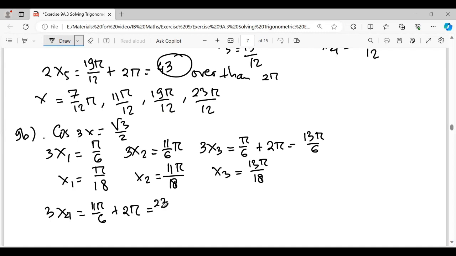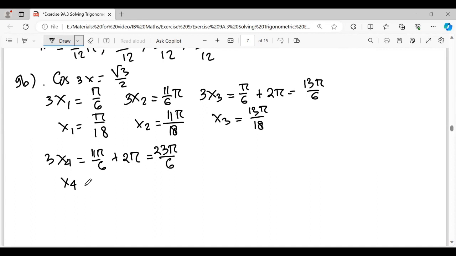It is 23 pi over 6. So x4 equals 23 pi over 18.